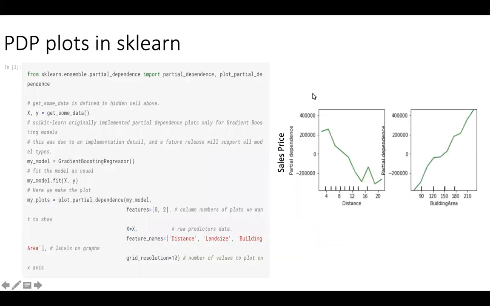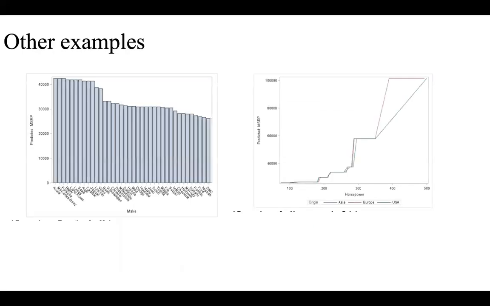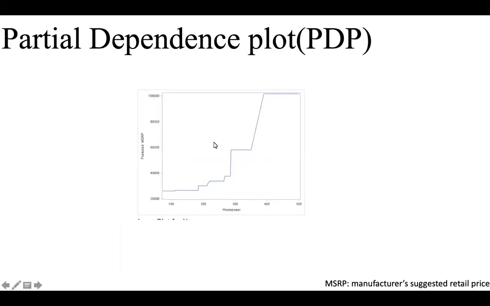We have this PDP plotting function in sklearn as well, but the plots are somewhat different. Here, as we saw in the previous example, we have the predicted retail price, which is the average for each different value of horsepower.